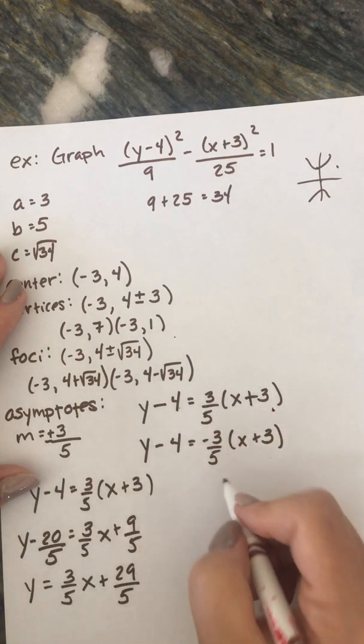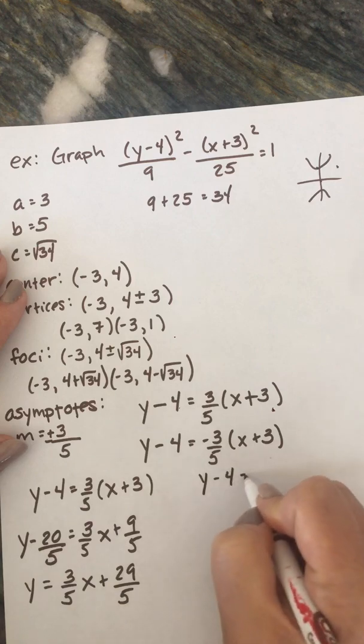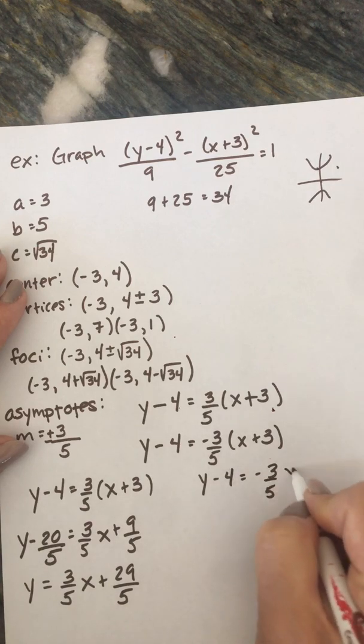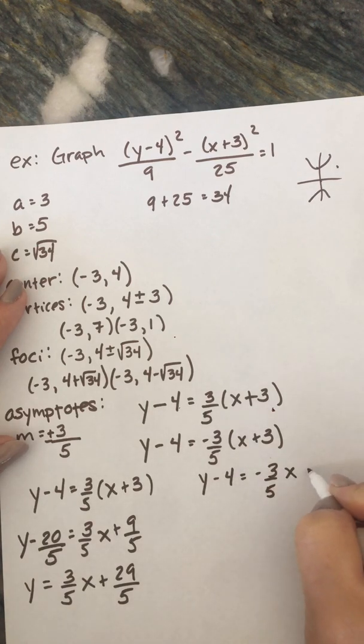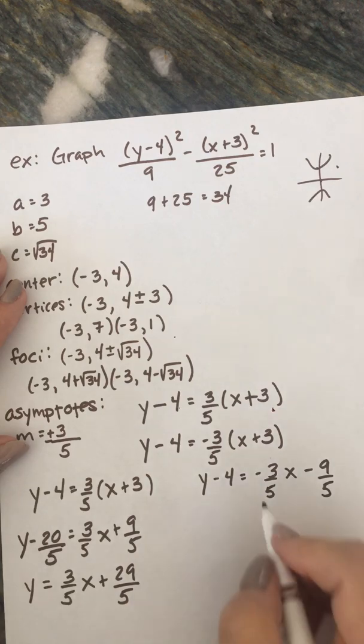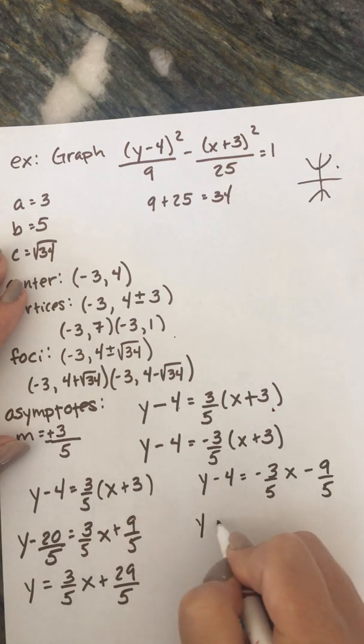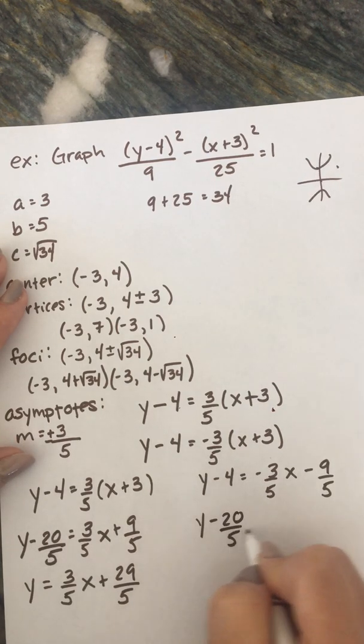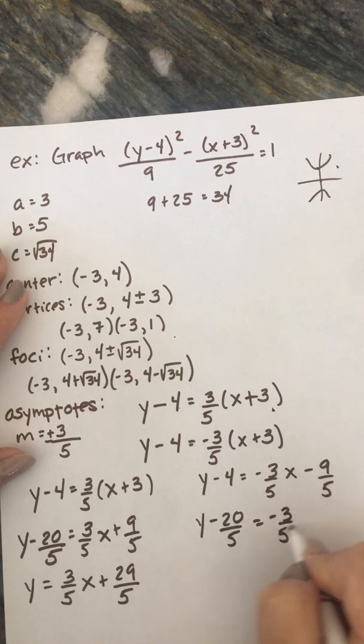And then the same thing for y minus 4 equals negative 3/5 x minus 9/5 if I distribute the negative 3/5. And so that'll be y minus 20/5 equals negative 3/5 x minus 9/5.